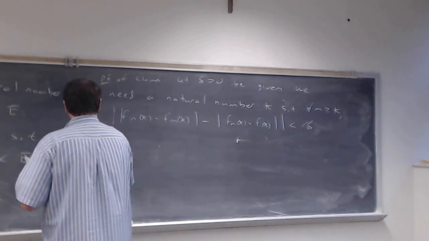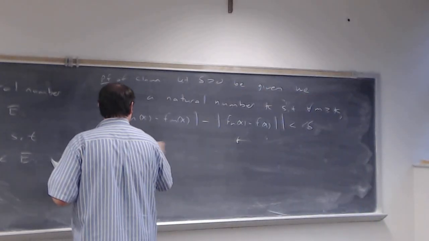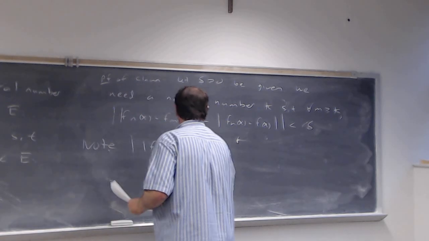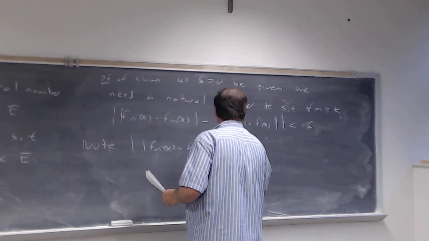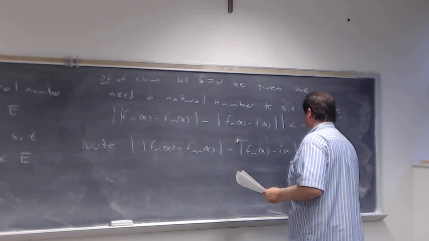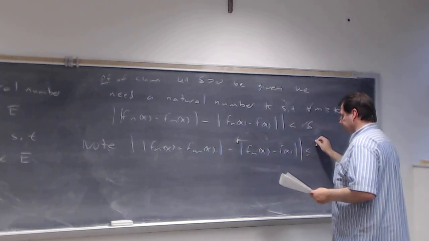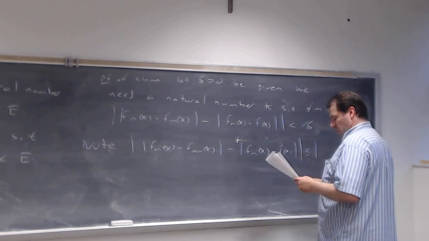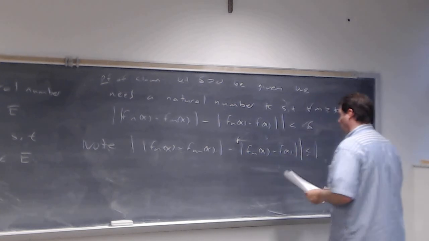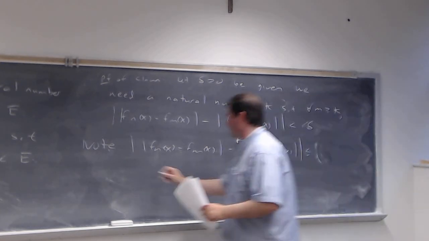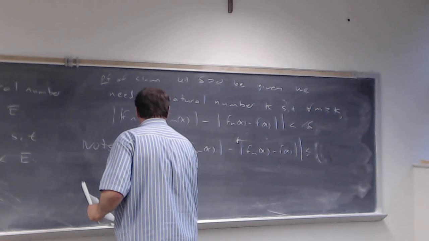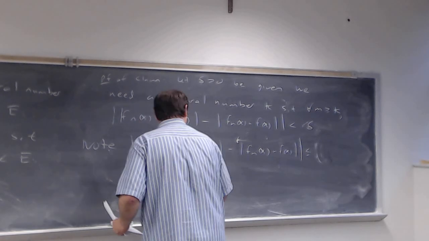Okay, well note this difference of norms here. This is less than or equal to the norm of the quantities. Let me write it here. F sub n of x minus f sub m of x, that guy, not in norm, but I just put that in parentheses.